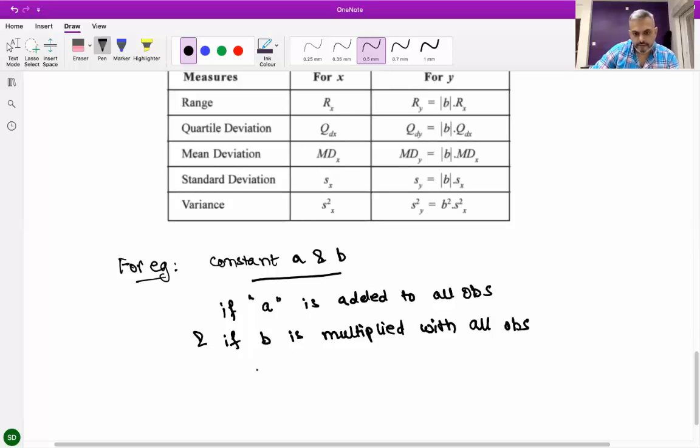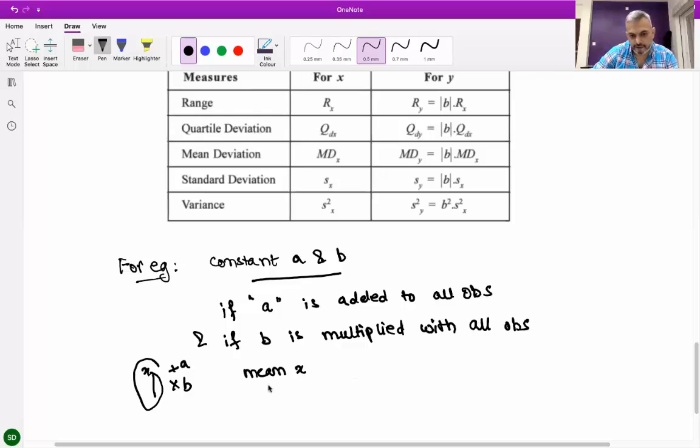And we have mean x bar. So we have values xi. Then what we are doing, we are multiplying all the observations of xi with b. We are also adding a to it. So if a is added to all the observations and b is multiplied with all the observations, what happens?